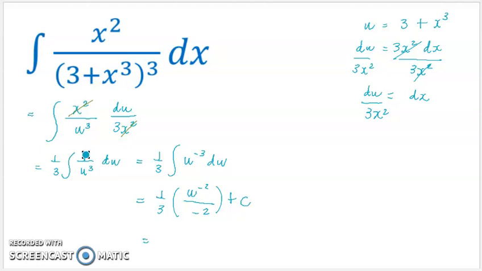So it will be negative 1 over 6u squared plus c, and again, replace u with 3 plus x cubed. So it's negative 1 over 6 times (3 plus x cubed) squared plus c.